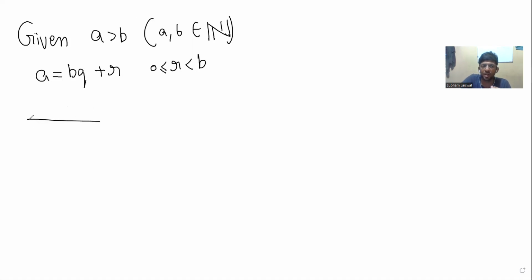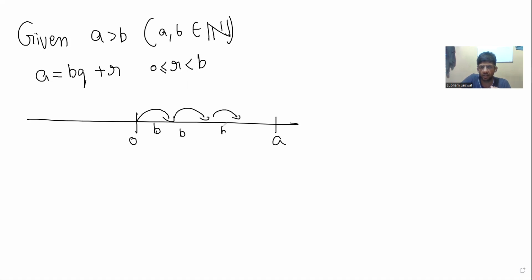On the number line, you can easily see that if this is a, then you are just trying to see how many jumps of size b you need to make. Let's say till here, and then this small thing is your remainder.